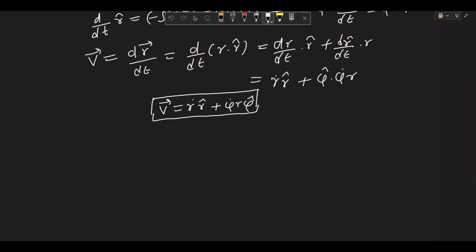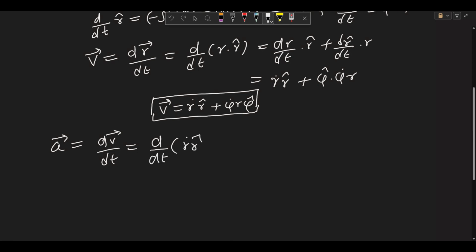Acceleration is more tougher than this. Acceleration is nothing but dv by dt. So we will just have to again find the derivative, use the chain rule, and find a big long answer. So d by dt of r dot r cap plus phi dot r phi cap.